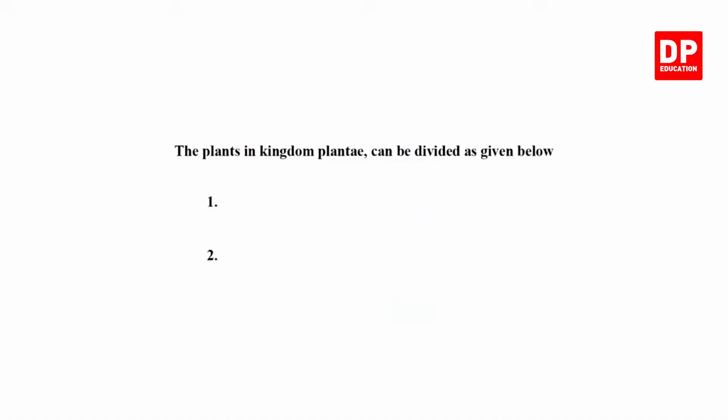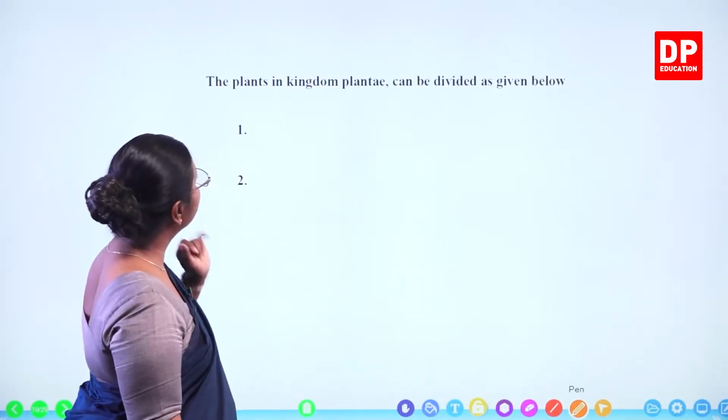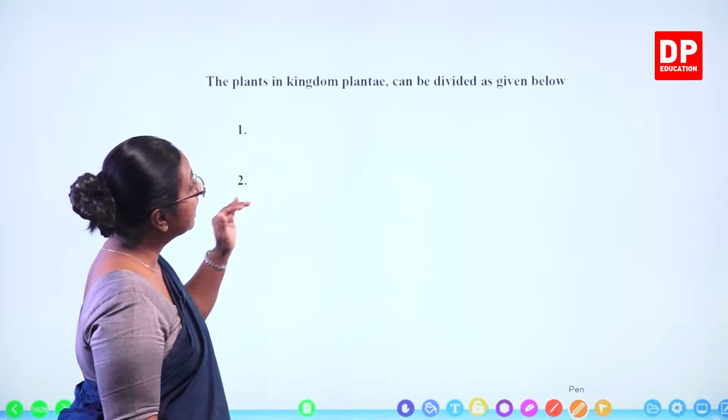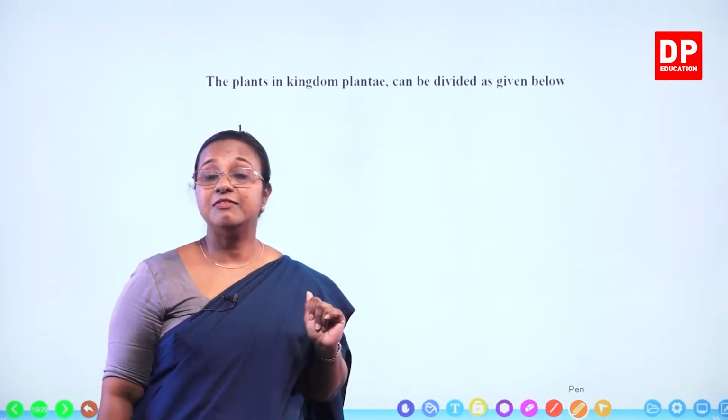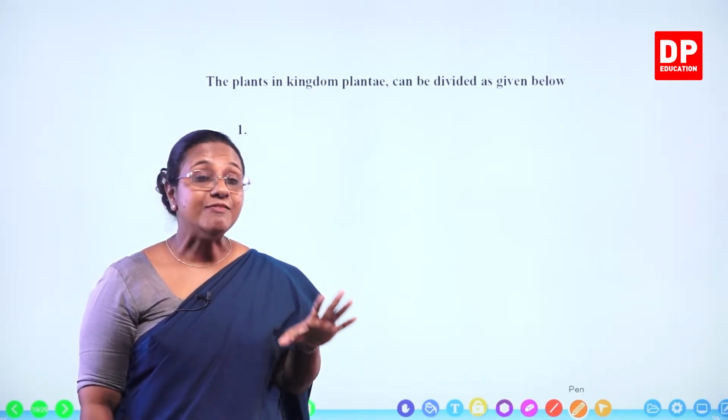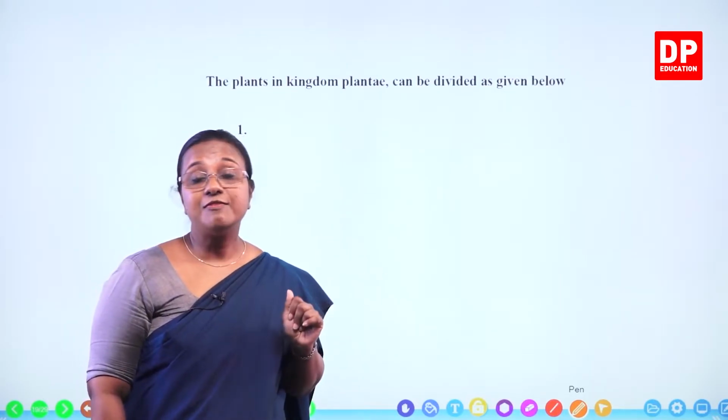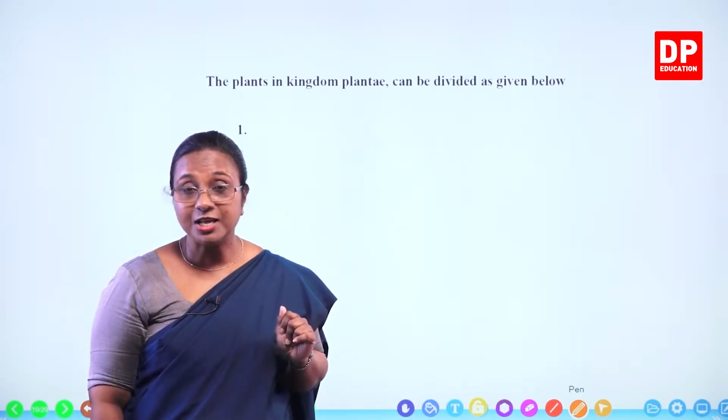So here we look at how we can divide kingdom plantae. So mainly the plants in kingdom plantae can be divided as given below. So we divide them as non-flowering plants and flowering plants.